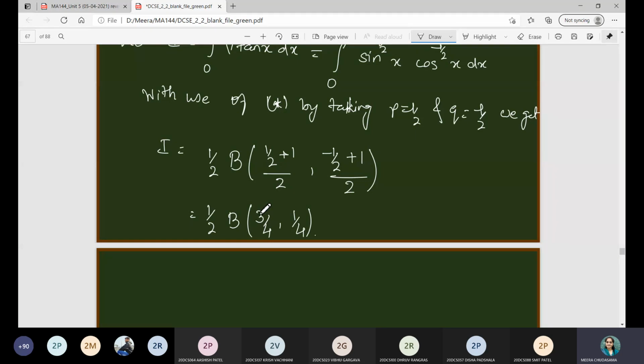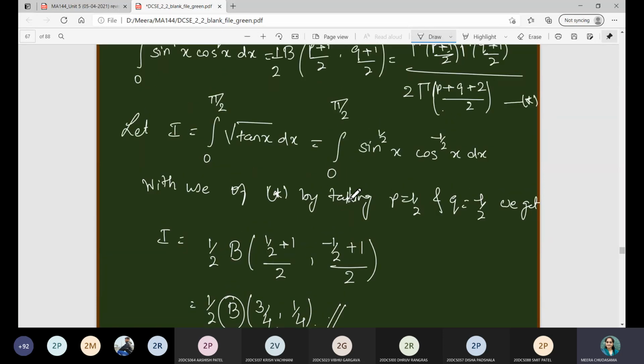If you are going to use these functions in mathematical software, in MATLAB, Mathematica, or Scilab, by default they have the beta function as well as the gamma function. So when you write beta with the arguments 3 by 4 and 1 by 4, those software will directly give you the answer. So that is what you have to end with, this is the particular answer of the question.